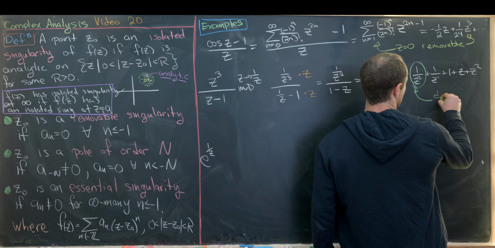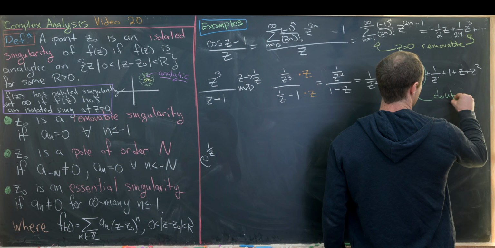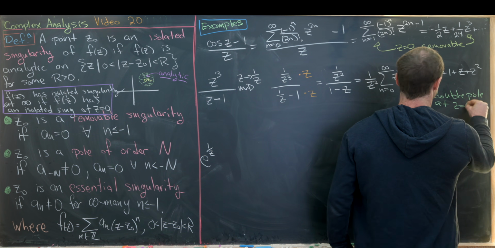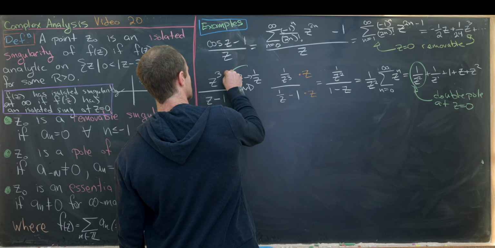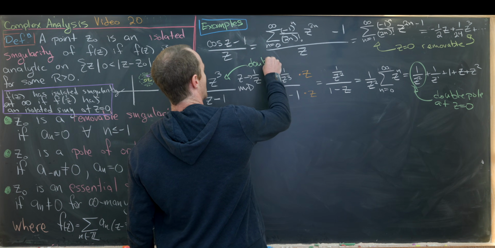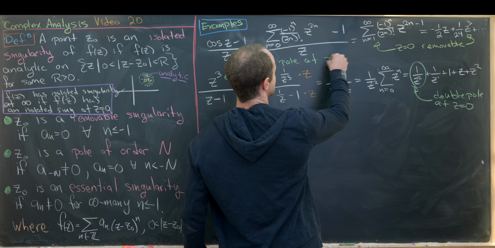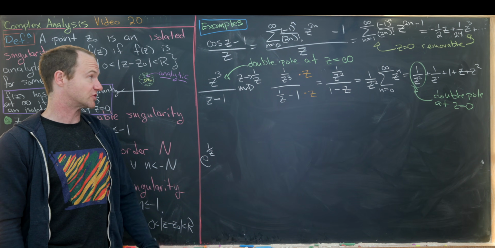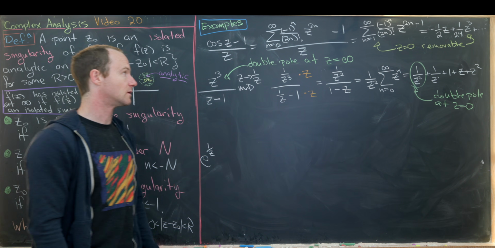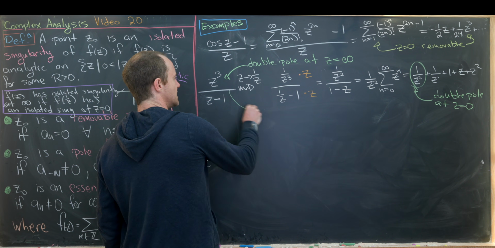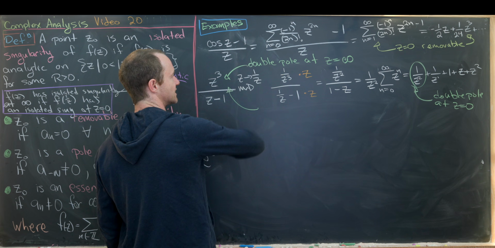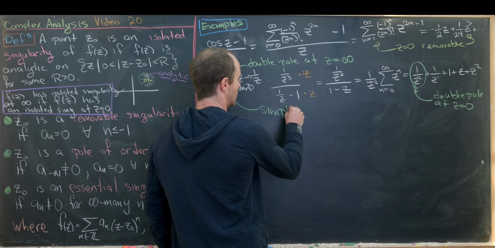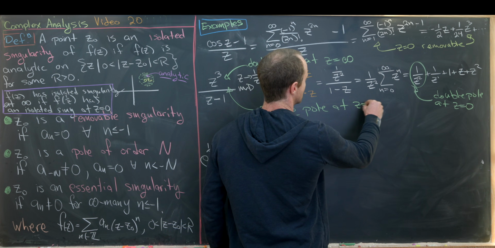So that's sometimes called a double pole. So double pole at z equals 0. But that means our original function has a double pole at z equals infinity. So I think I misspoke and thought that there might be a triple pole, but there is a double pole. So let's just maybe summarize this. So this function right here has a double pole at z equals infinity and a simple pole at z equals 1.